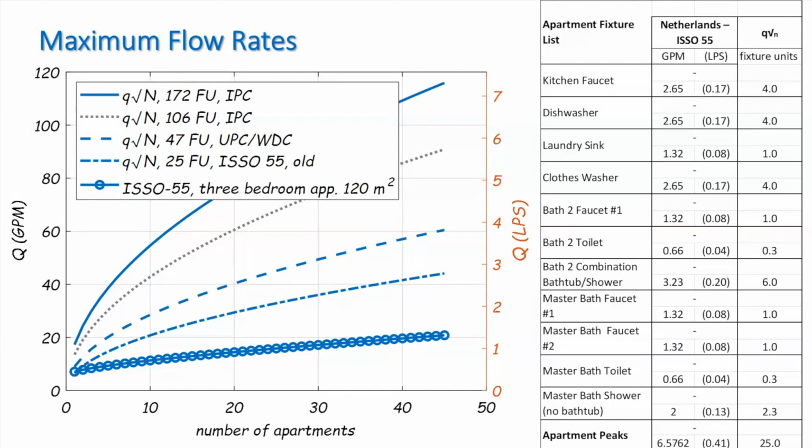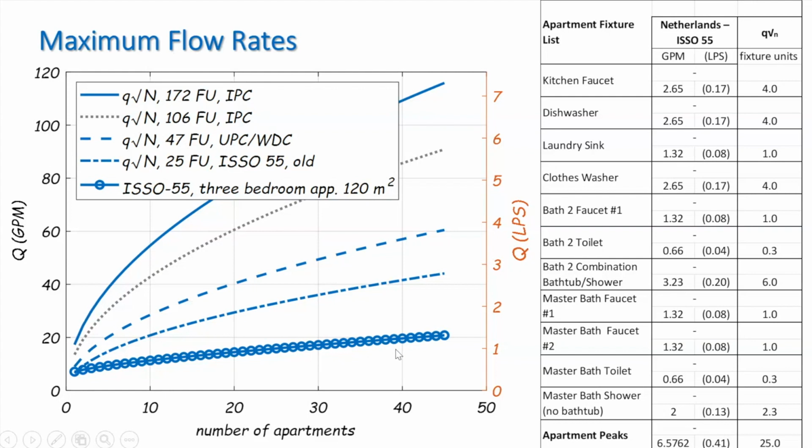And we also did the same thing for the flow rates that are more often used in the US. So the lowest line here is the new ISO 55 Simdeum based prediction of maximum flow rates in a year.